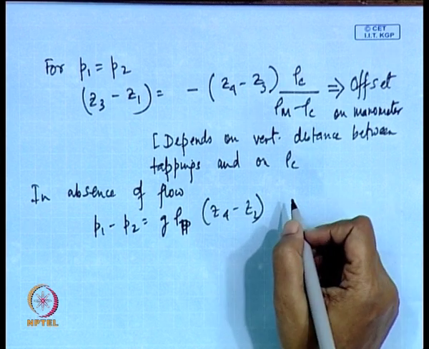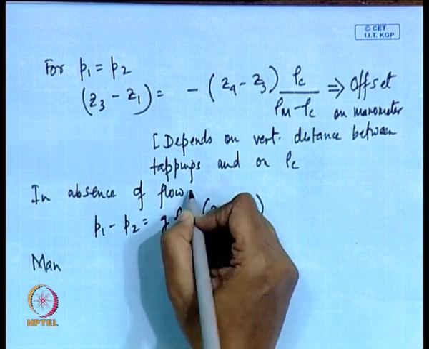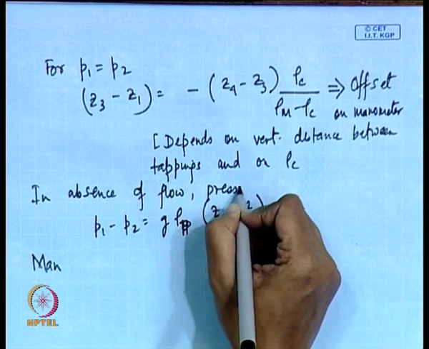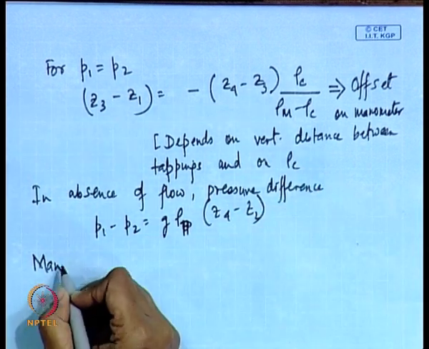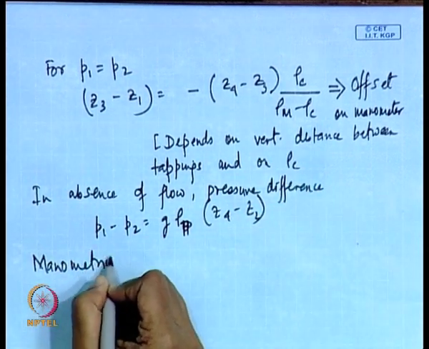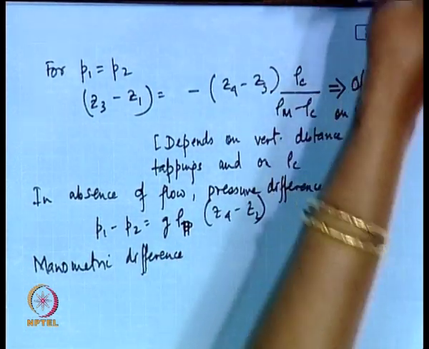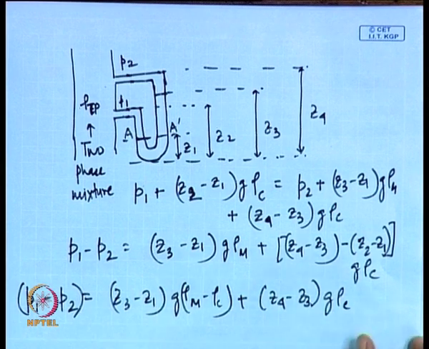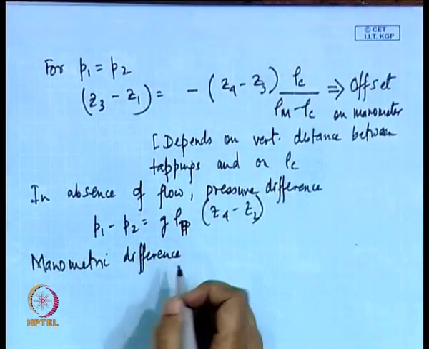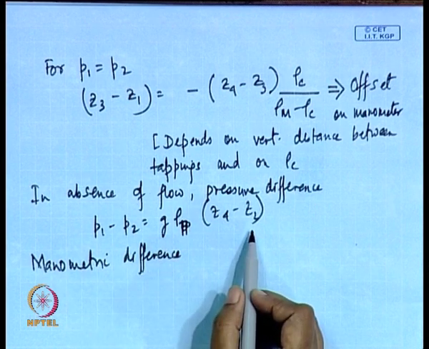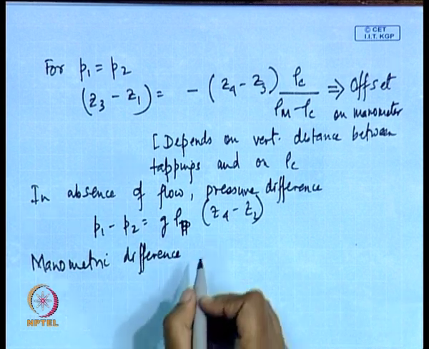And what is this equal to? The manometer, in absence of flow, the pressure difference is this, and what about the manometric difference? We simply substitute the expression of P1 minus P2 from here, and equate it with the expression of P1 minus P2 here, and then we can get the manometric difference in this case.